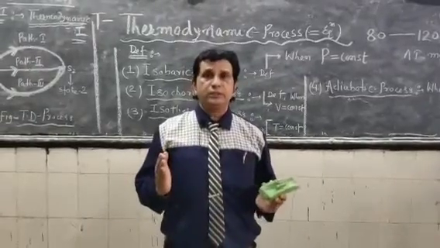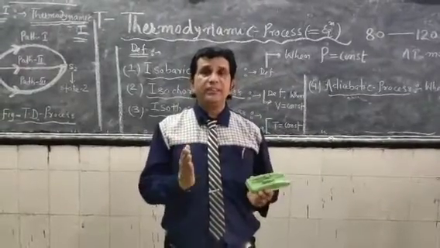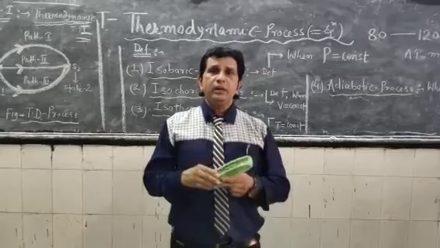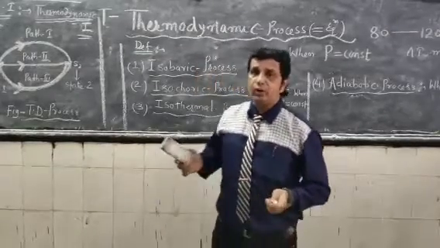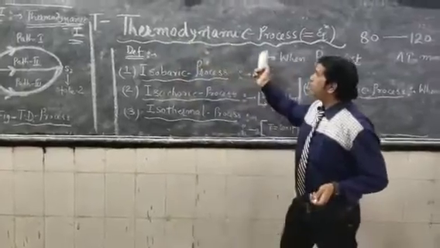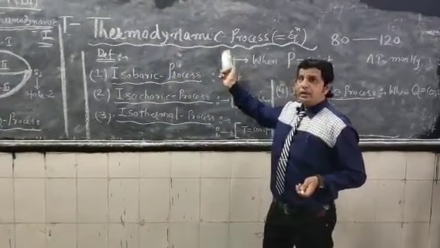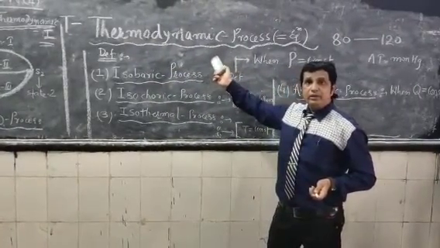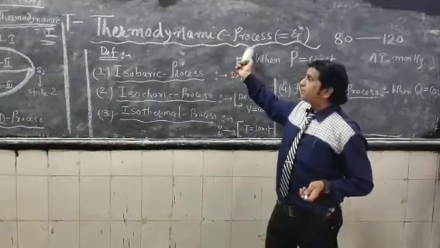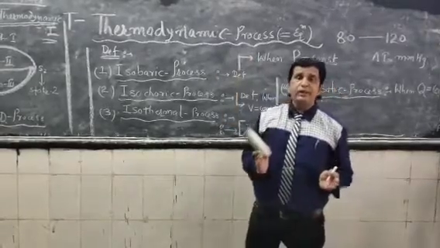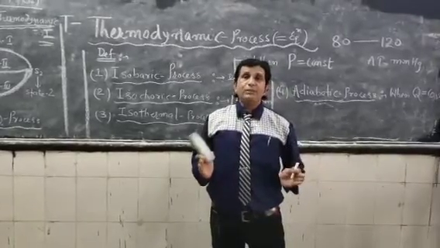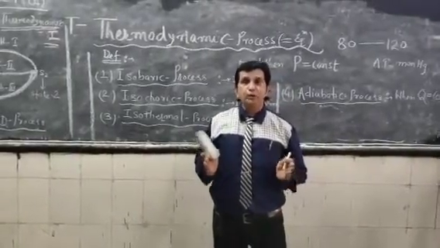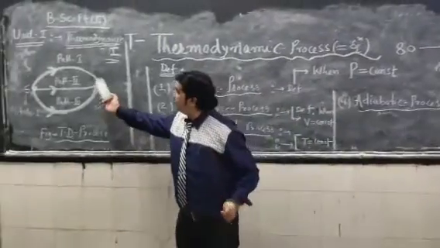Now let us proceed further. The next topic I will deliver today is the thermodynamic process. In order to define the thermodynamic process, I am drawing one important example here.